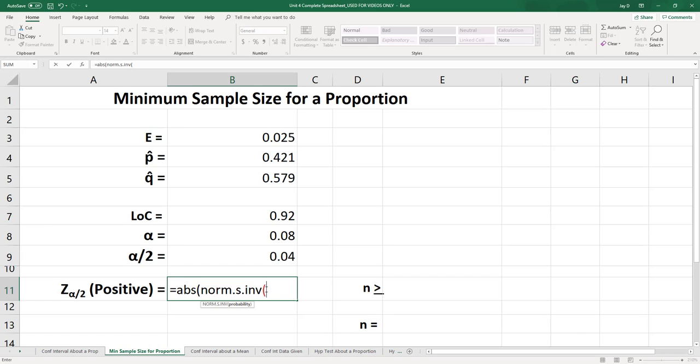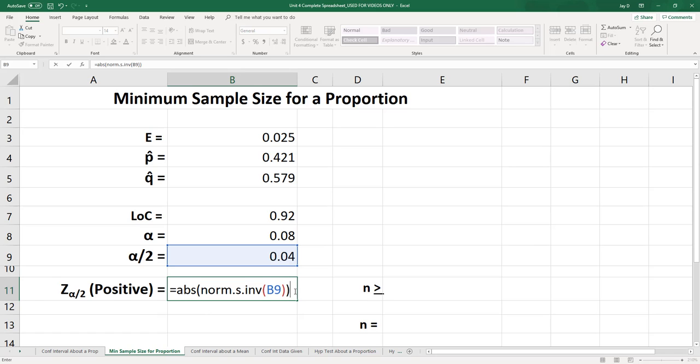If you see it has colors, when I close my first parenthesis, it's going to be for the norm.s.inv function, and you'll see that one will be red. And then when I close the second one, it will be a black one just like that. So norm.s.inv of my alpha over 2 value. I close my parenthesis and watch, it'll be red to show I'm closing the norm.s.inv function. And now I'm going to close the absolute value function.